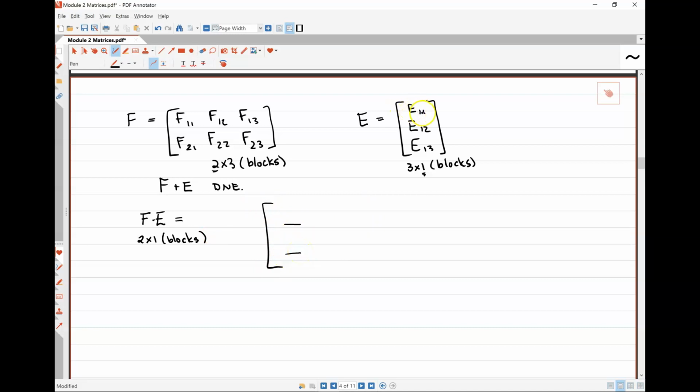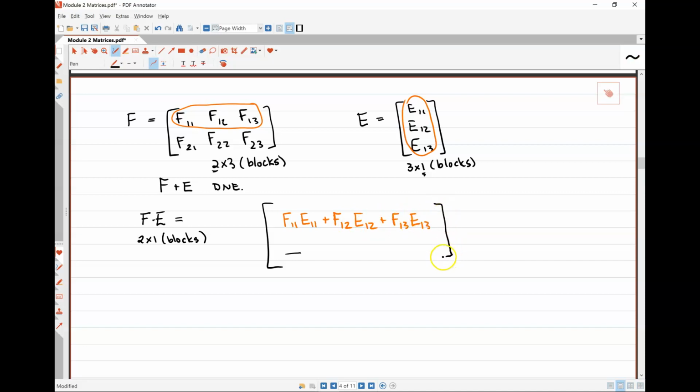The first blank we're going to fill in just, again, by taking this row, first column, to get the first row, first column entry. So this will be F11 times E11, and then just kind of pretending that they're vectors and taking the dot product. So plus F12 E12, and F13 E13.